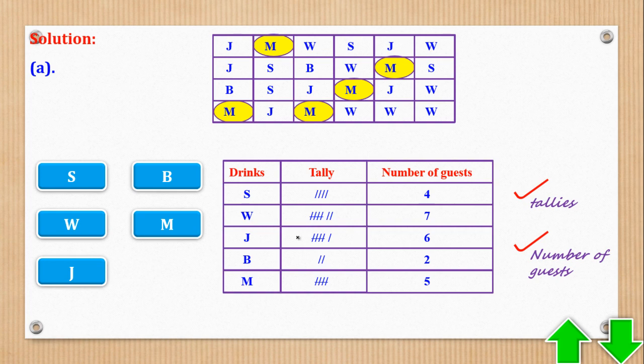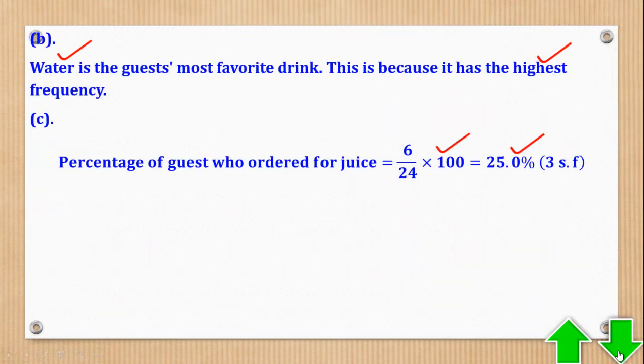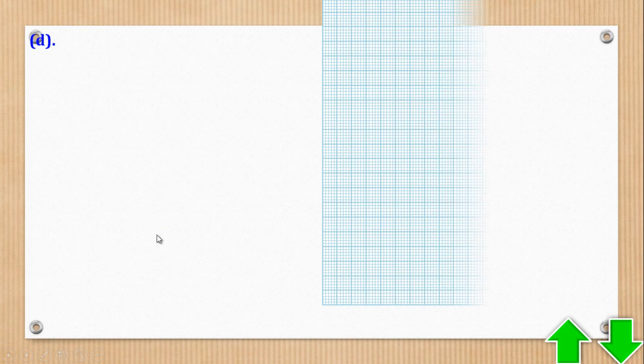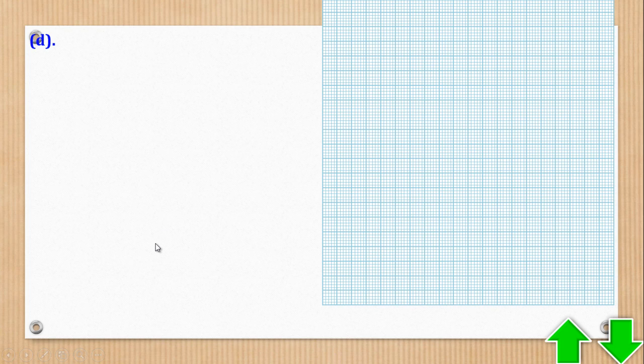Since this is revision, we are going to show both options. Let's begin with a bar graph. Like I told you in senior 2, because the previous video was for senior 2 mod 2, and there was also a bar graph. We shall need a graph paper, then we draw the axis.